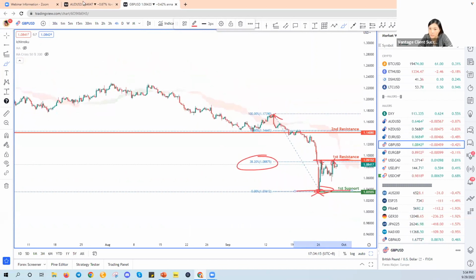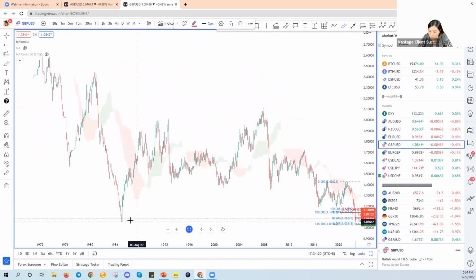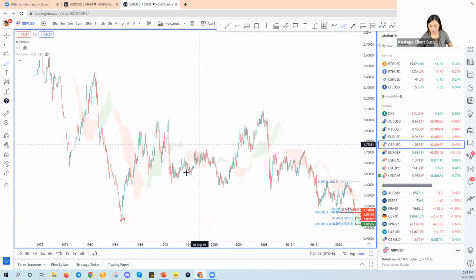Second support wise, let us zoom out again. There is no other. It has already broken my previous swing low here in 1985. Okay, it's about the one. Let me just see. It's about 1.0516.